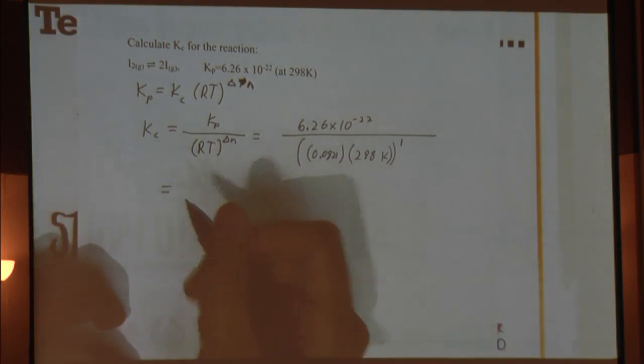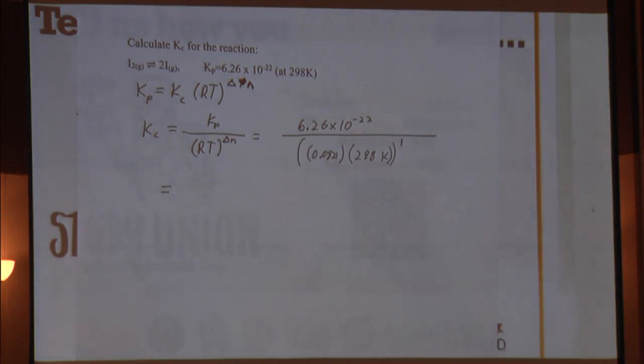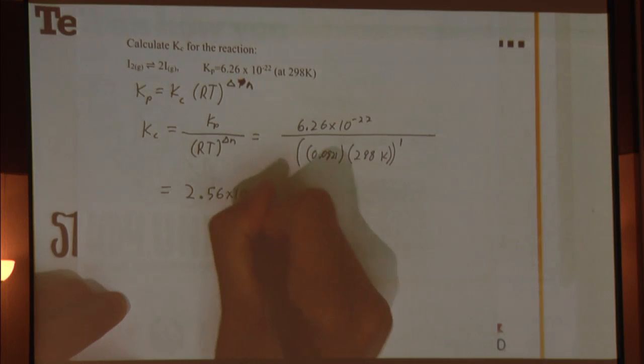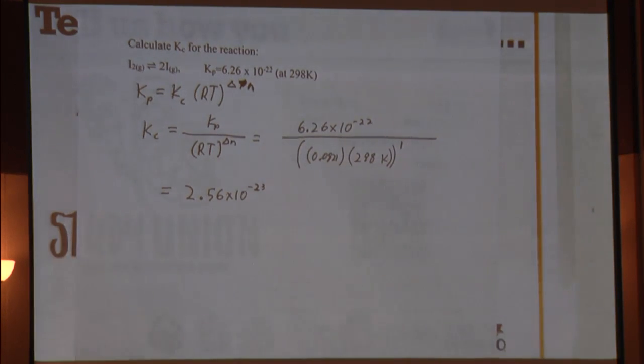And once we punch the numbers into our calculator, we get a Kc of 2.56 times 10 to the negative 3.